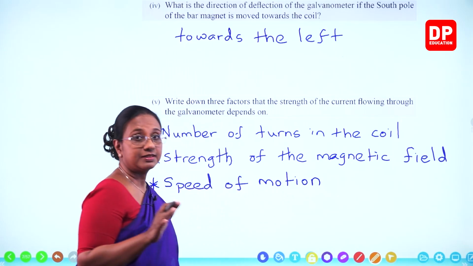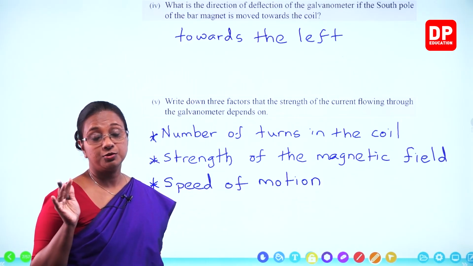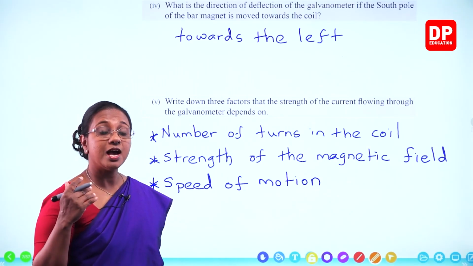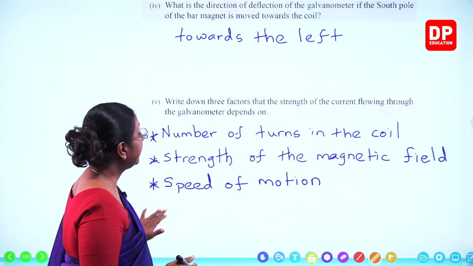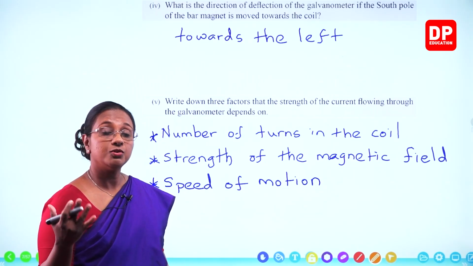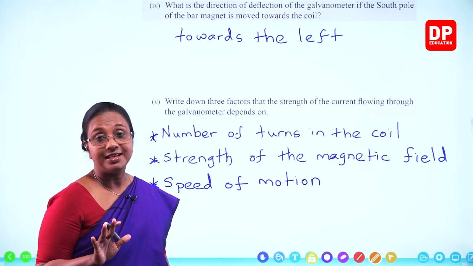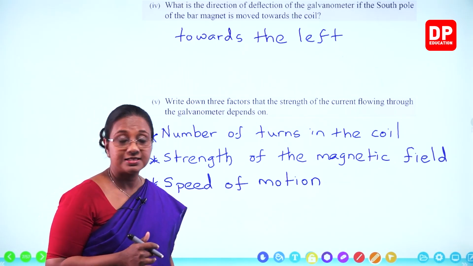All the 3 factors are directly proportional to the induced electromotive force, or in other words, they are all directly proportional to the current. So when any of these increase, the magnitude of current generated also increases. Is that clear, students? So with that, I'll move on to the next slide.